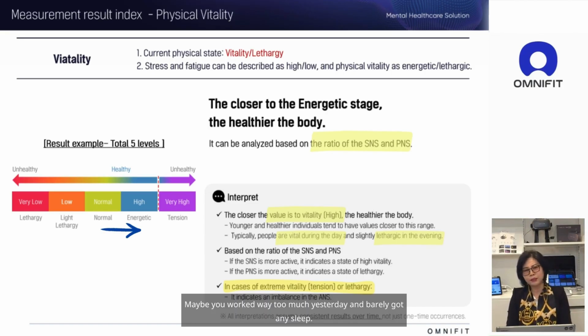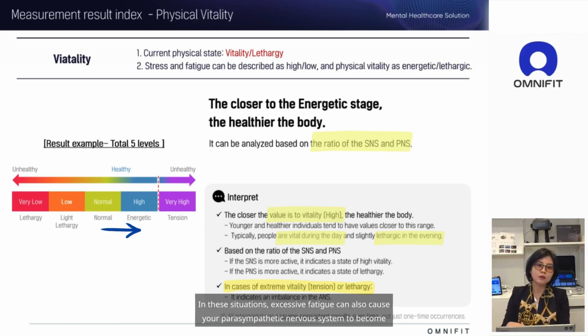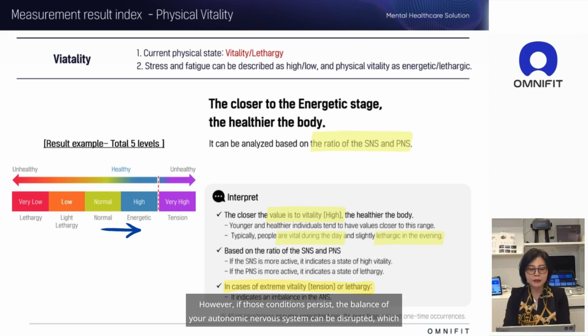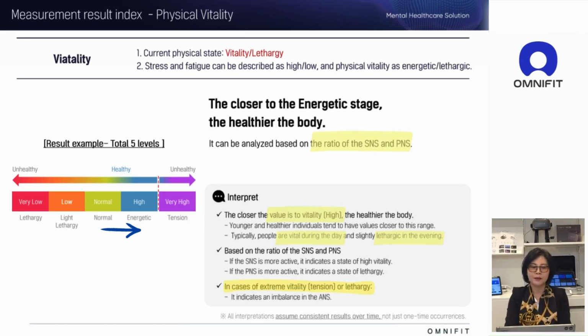And you may also be so tired, maybe you worked way too much yesterday and barely got any sleep. In these situations, excessive fatigue can also cause your parasympathetic nervous system to become overactive. However, if those conditions persist, the balance of your autonomic nervous system can be disrupted, which may lead to autonomic nervous system dysfunction.